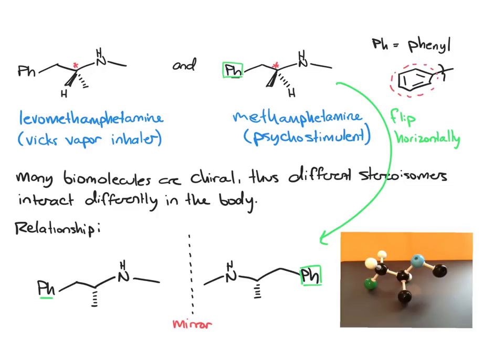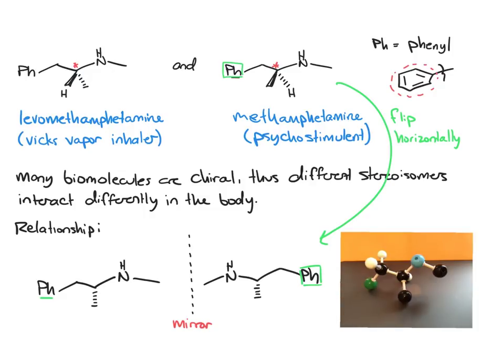Here's a molecular model that I built for this compound. I'm using the green sphere just to represent the phenyl group right here. And then we have the CH2 group, which is right here. Next, we have our chiral center, and that has the methyl coming out, the hydrogen going back, and then finally the N-methyl group.